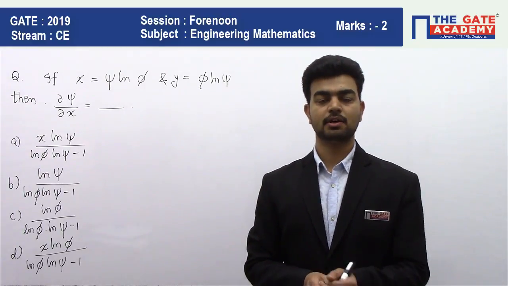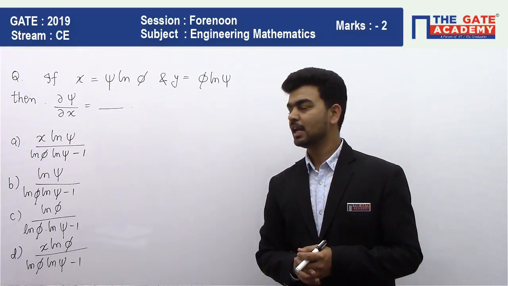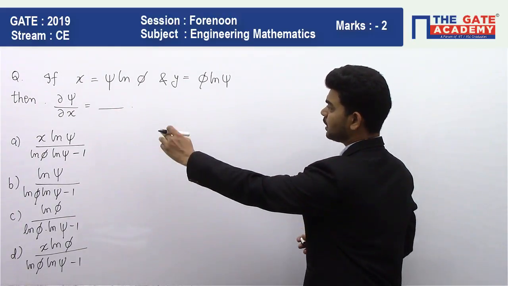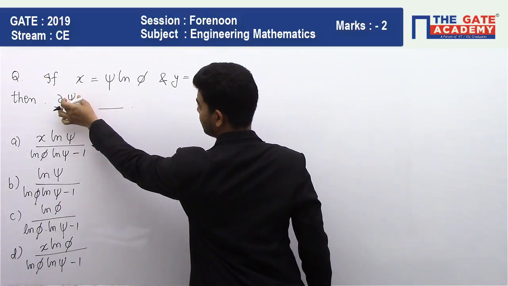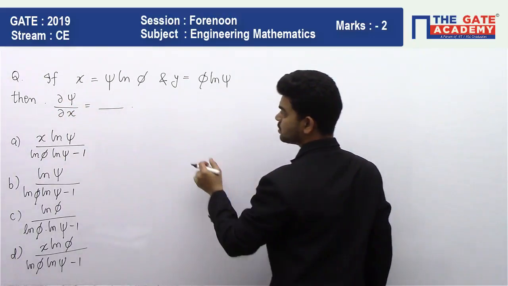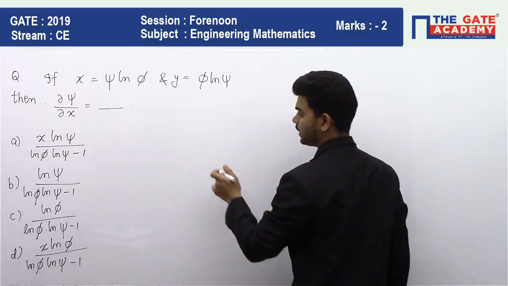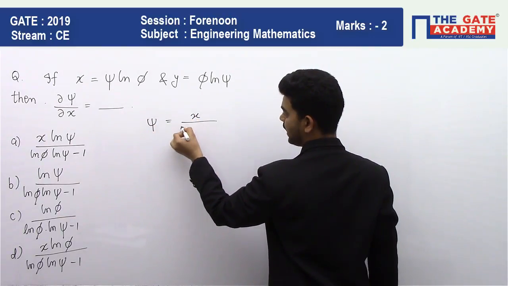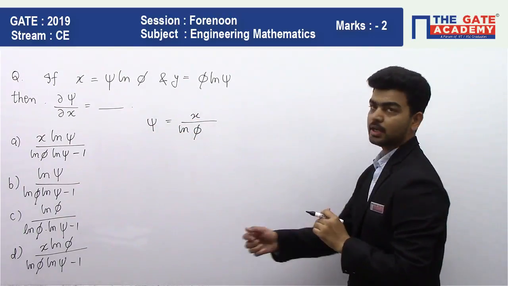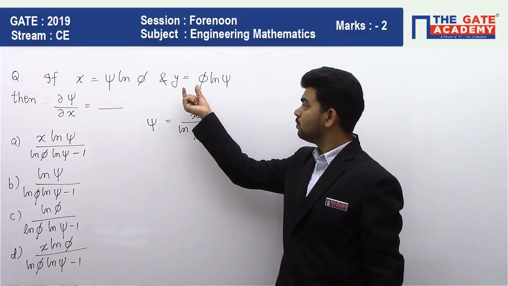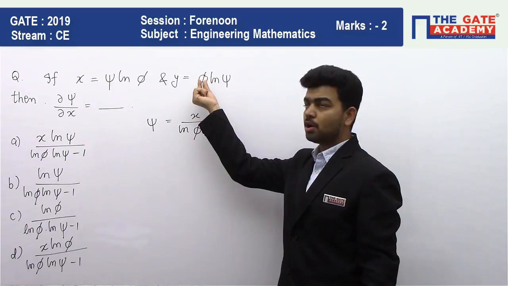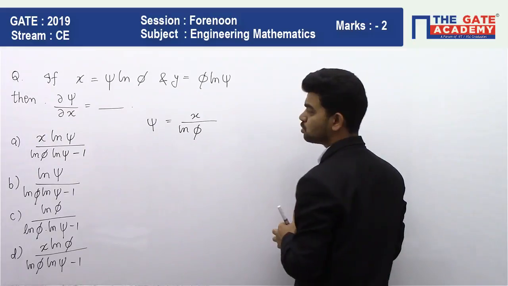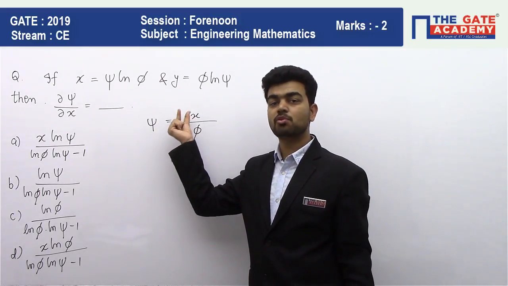If we are good in the fundamentals of differentiation, then this question is very good. Okay, so let us solve the question. We have to find psi with respect to x, so we will find out psi in terms of x. From equation 1 we can write psi is equal to x divided by ln phi. Now we know that y is also a function of phi and ln psi, so we will put the value of phi from here because we want to convert our psi in terms of x and y.